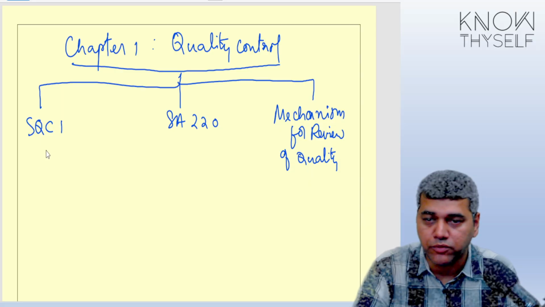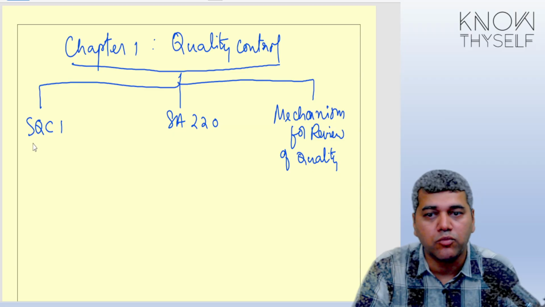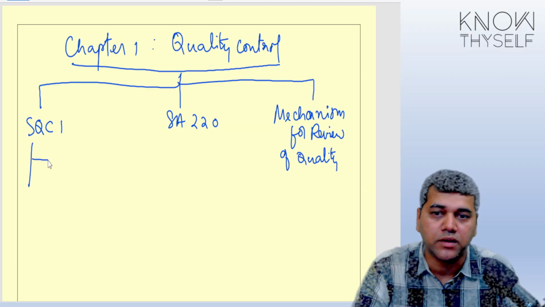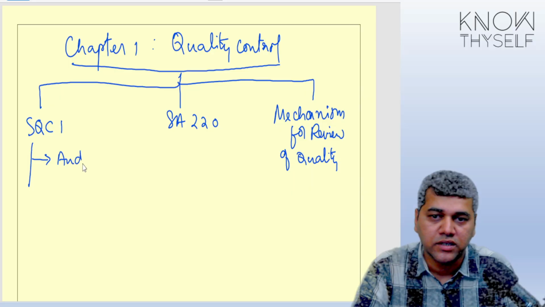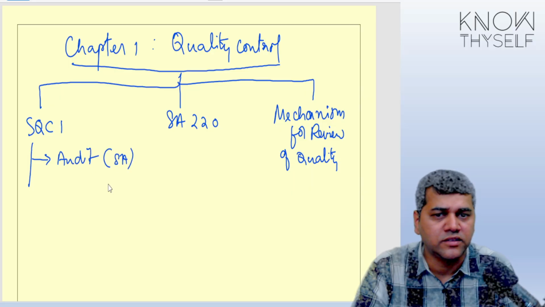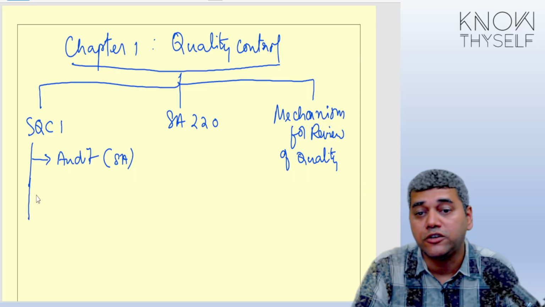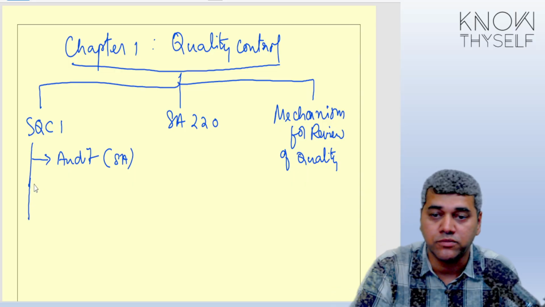So in SQC 1, what is covered in this, and to whom is it applicable? One, audit. This is the inter-study material, but if you see in your test your knowledge or understanding, this is the first question.